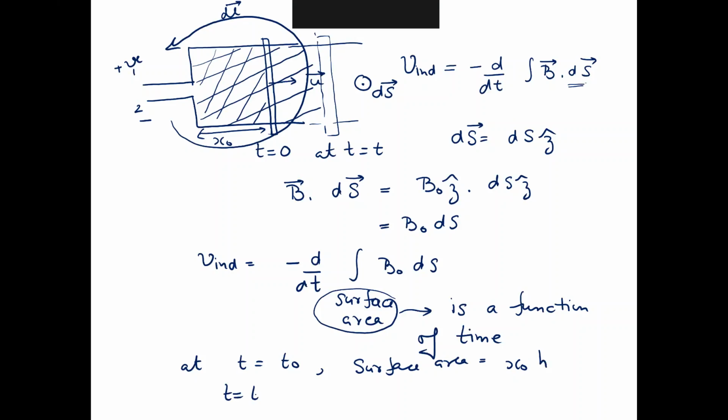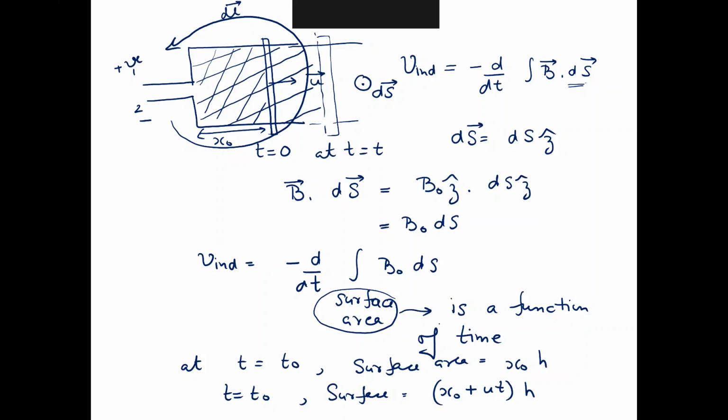At time t, this area would be x naught plus u times h. As I go to another part, this surface area starts to increase.